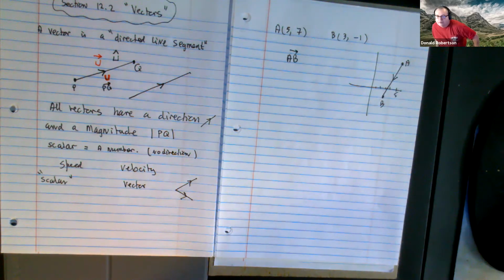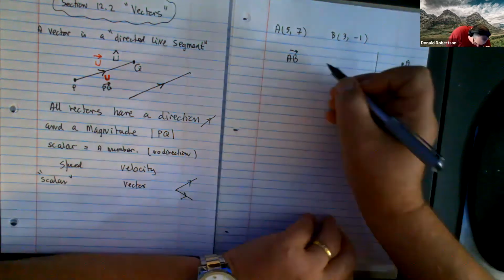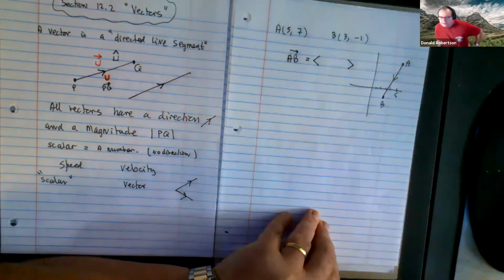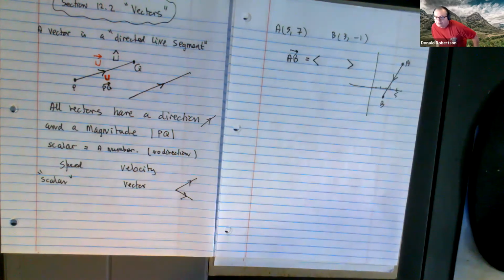Now, there are 2 main ways in which you describe a vector using numbers. The first one uses notation that looks like a less-than symbol and a greater-than symbol. They're nothing to do with greater than or less than, they're just symbols.